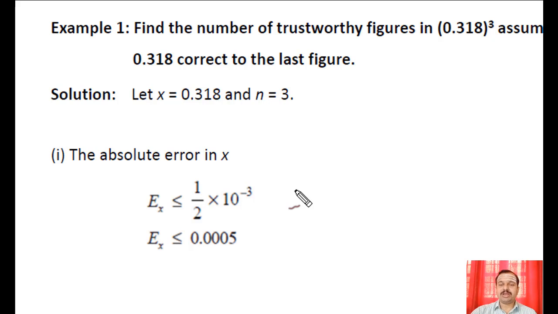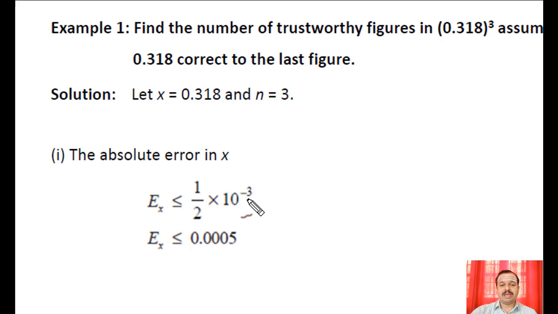In that discussion we have stated that when the number of trustworthy figures is n, then the absolute error is always less than or equal to 1 by 2 into 10 to the power of minus n. 10 to the power of minus n stands for the unit of the last digit present in the number x.